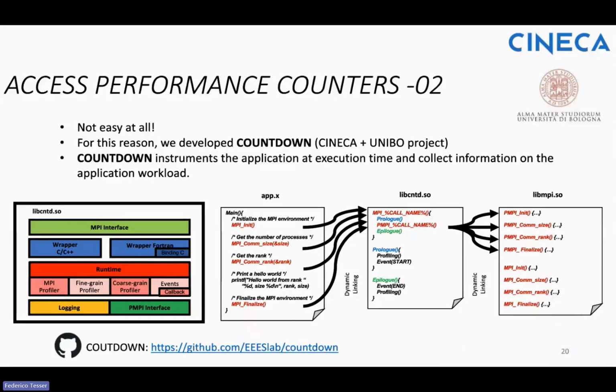And Countdown is quite easy to use. You just have to compile it. You just have to export the LD_PRELOAD variable for your pure MPI application, and then you don't have to modify anything in your code. Countdown will give you some information at the end of the run.